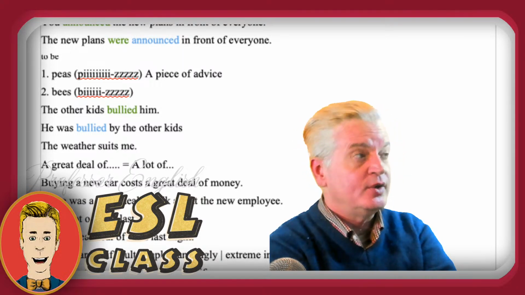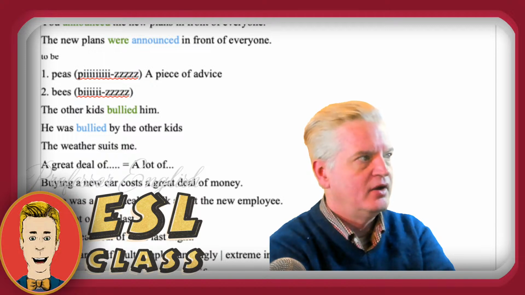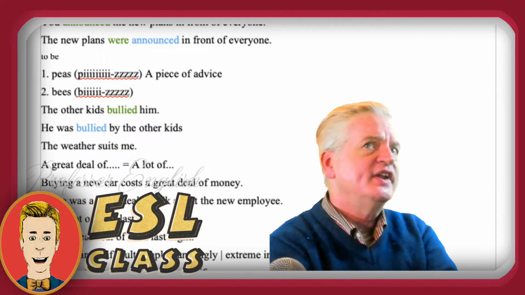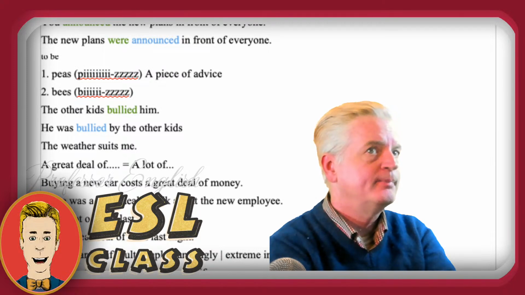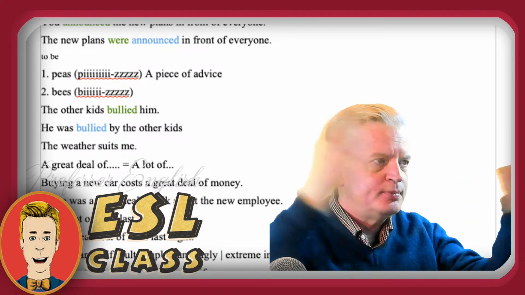Now, there are 2 differences between the word peace and bees, but let's focus on the beginning of the sound. The only difference between the letter P and the letter B is that if you say a P, there should be a big explosion of air.